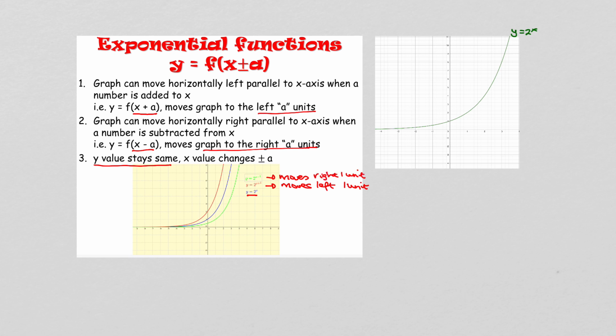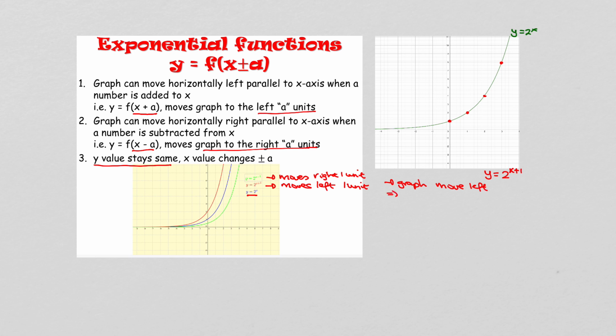So how would we go about picking those points? Well, again, I select my points from my graph, and if we were to look at 2^(x+1), then we know that the graph is going to move left.